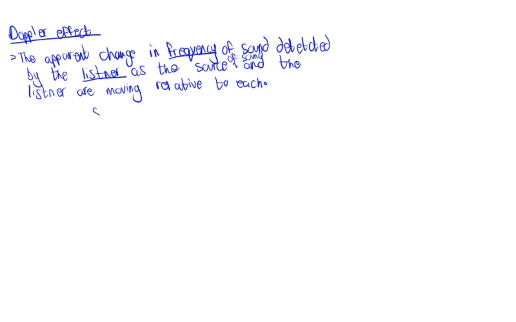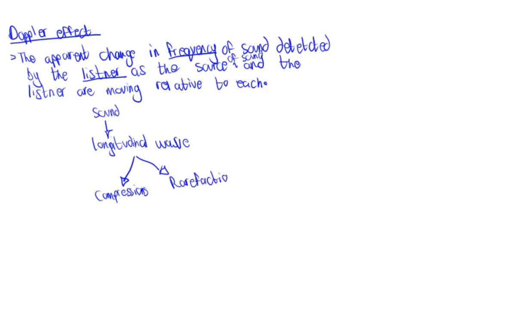So we all know that sound is a form of a wave, right? But then what kind of wave is sound? Sound is a longitudinal wave, and we know that longitudinal waves consist of compressions and also rarefactions.